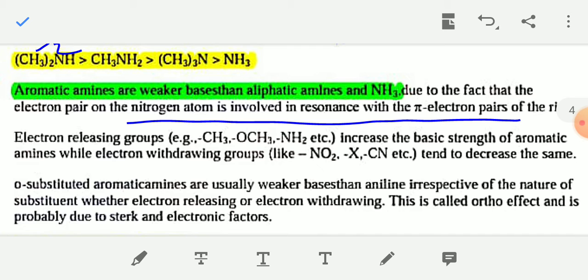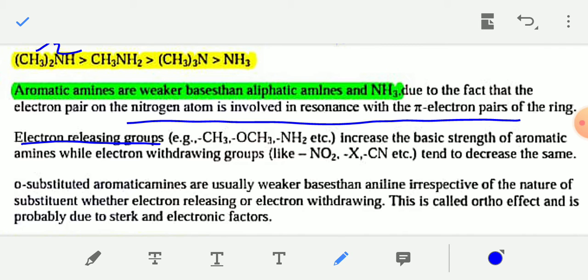And if electron releasing groups like CH3, OCH3, NH2 are present in the benzene ring of the aromatic amine, these groups increase the basic strength of the aromatic amine.